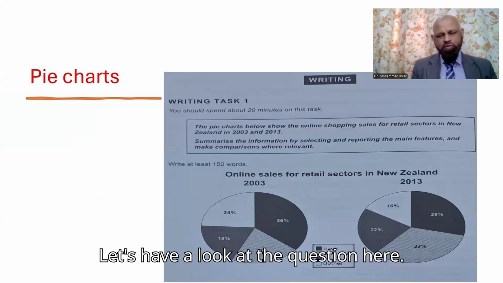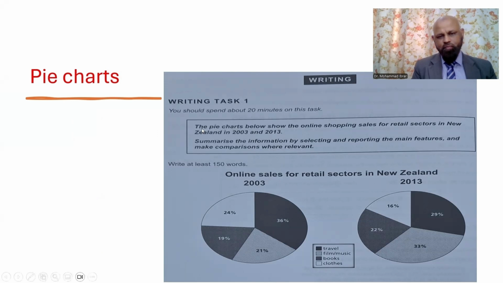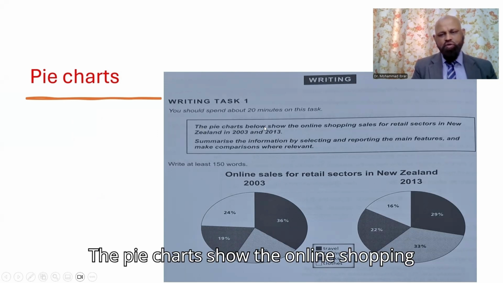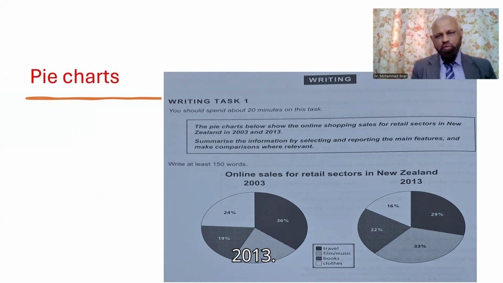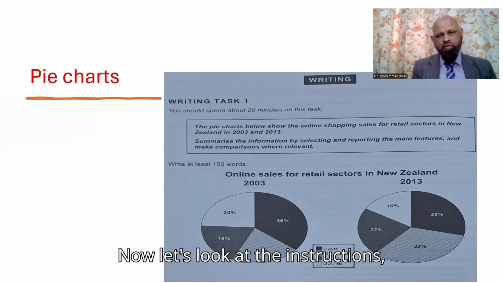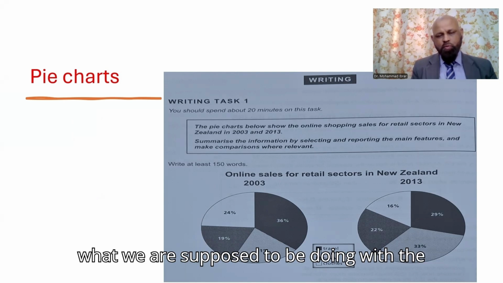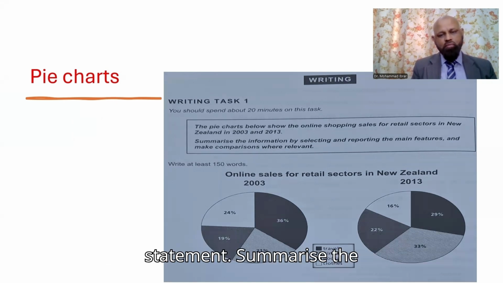Let's have a look at the question here. The pie charts below show the online shopping sales for retail sectors in New Zealand in 2003 and 2013. Now, let's look at the instructions, what we are supposed to be doing with the statement.